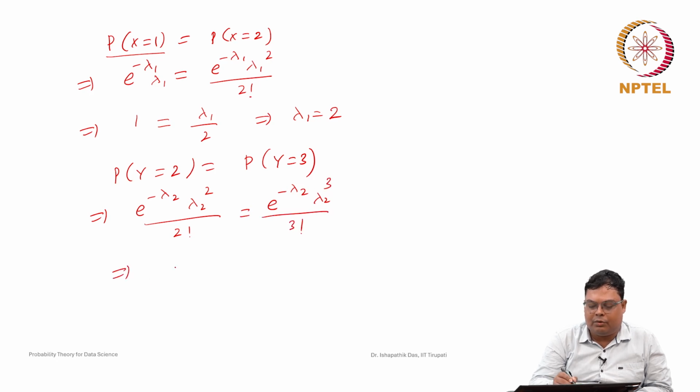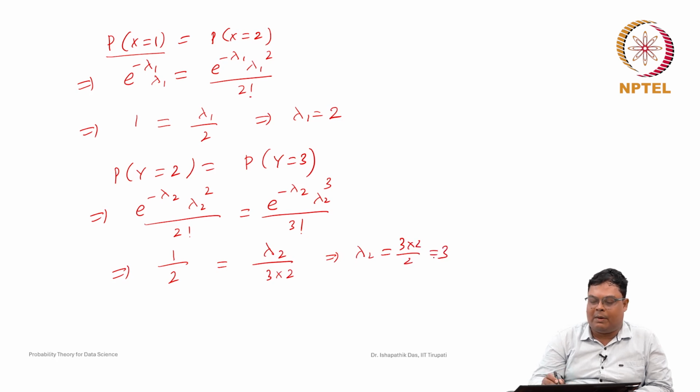Because these are all positive numbers, we can divide by e to the power of minus lambda 2 times lambda 2 square. Then 1 by 2 is equal to lambda 2 by 3 factorial, which is 3 into 2. So lambda 2 is equal to 3 into 2 by 2, which is 3. So, we found lambda 2 is equal to 3.